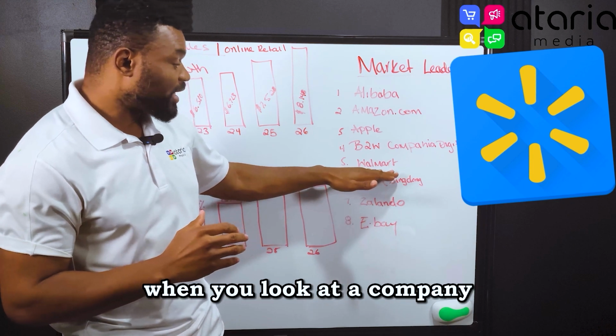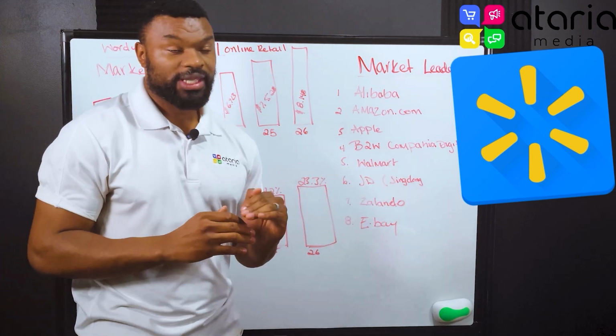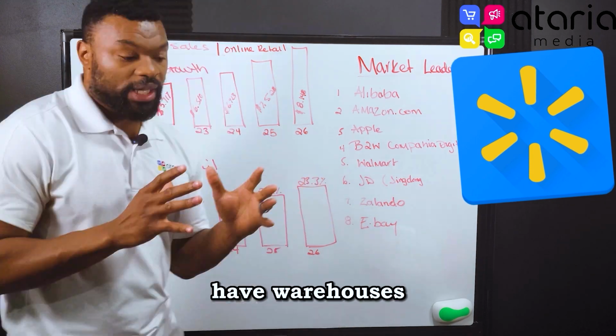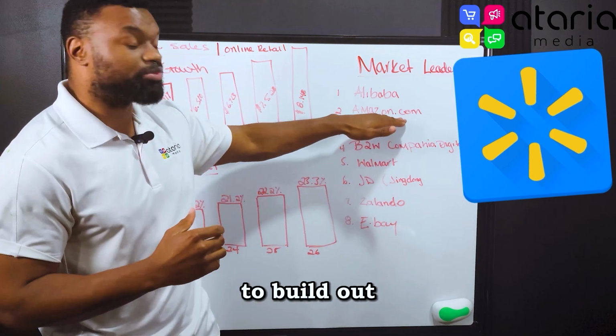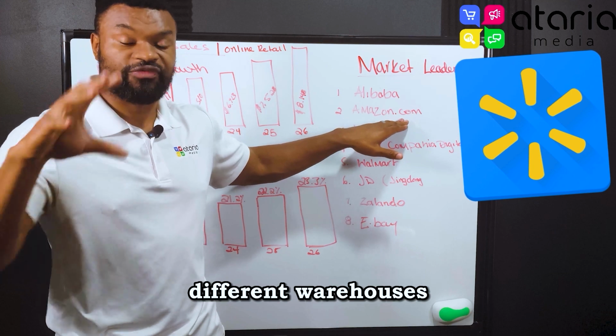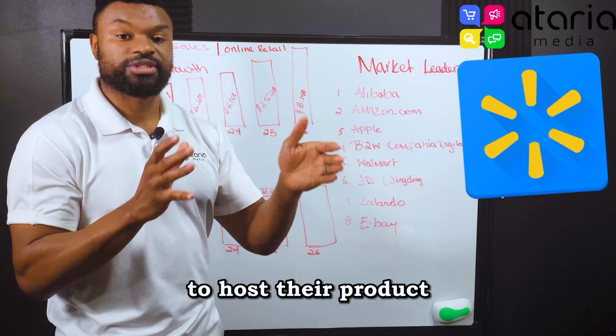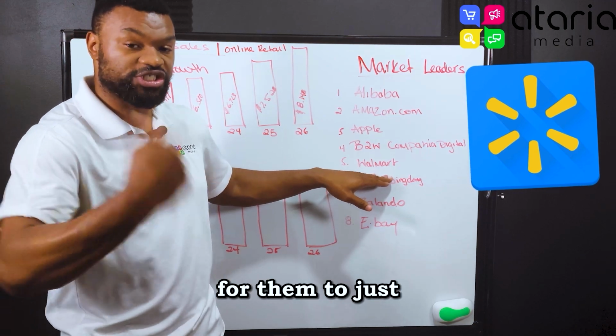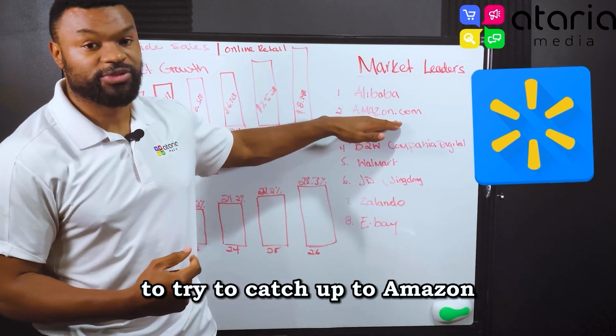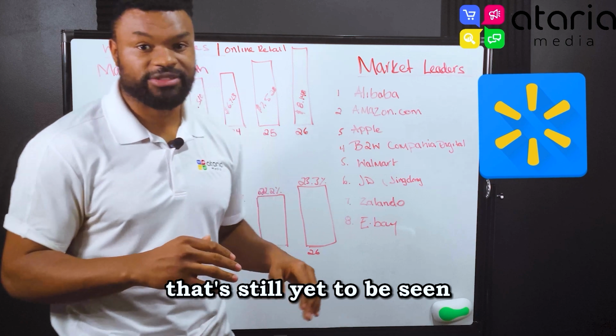The beauty of a company like Walmart is they already have warehouses. They use their stores as warehouses, whereas Amazon had to build out whole different warehouses to host their incoming products, where Walmart already had that. So it's easy for them to just start investing money to try to catch up to Amazon. Are they going to catch up? That's still yet to be seen, right?